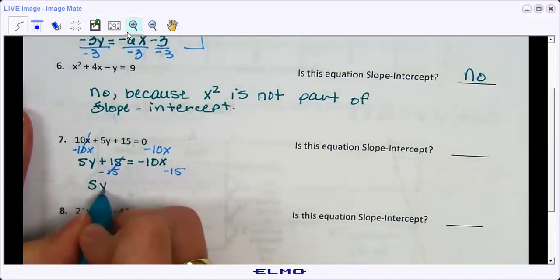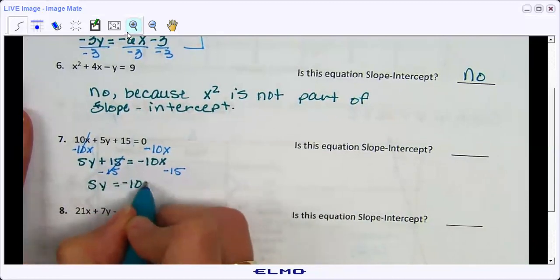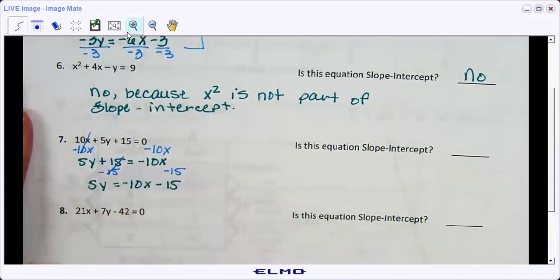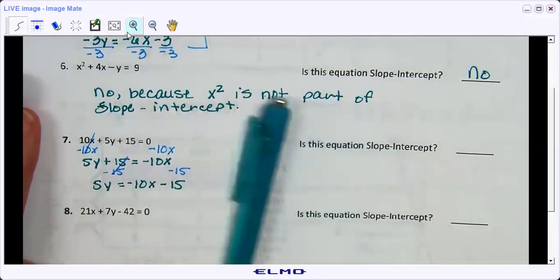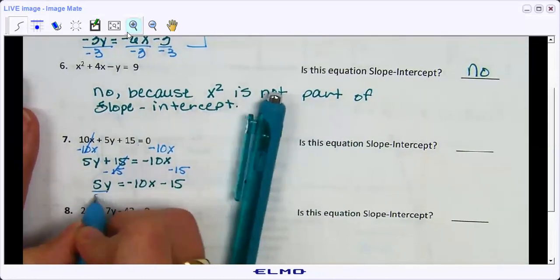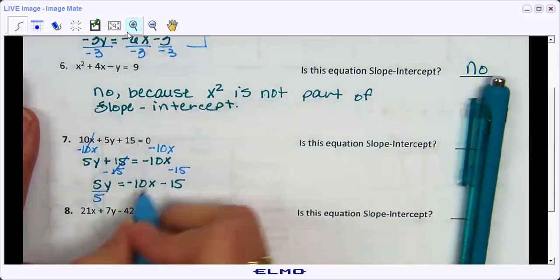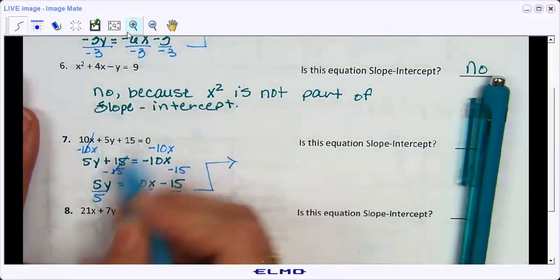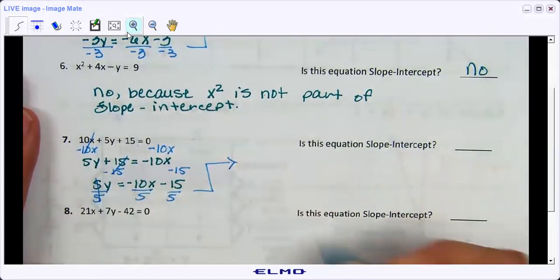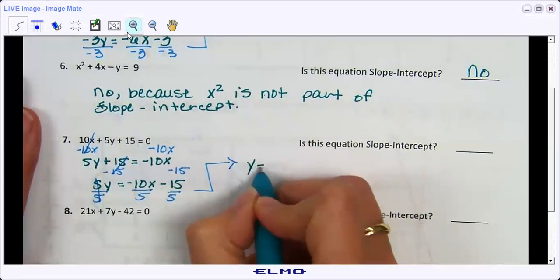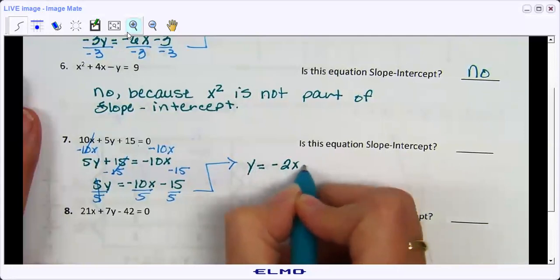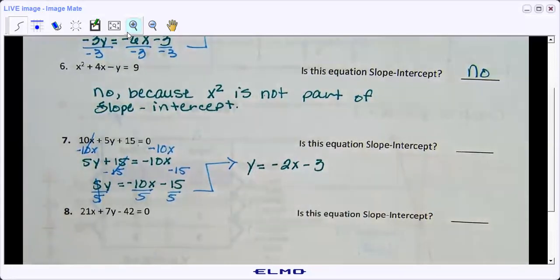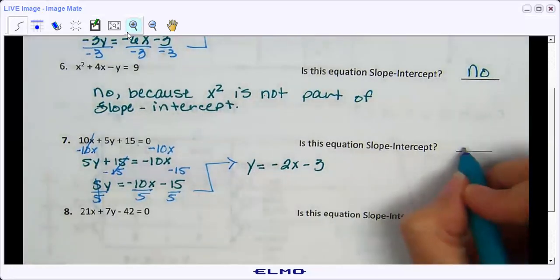We have 5y equals negative 10x minus 15. Finally, we divide everything by 5 so that we can get that y all by itself. And we end up with y equals negative 2x minus 3. Were we able to get this into slope-intercept? Yes, we were.